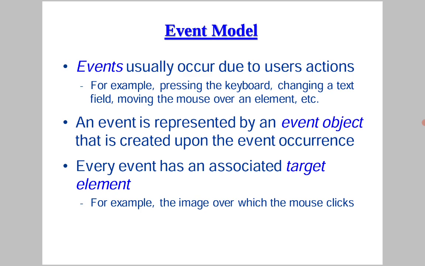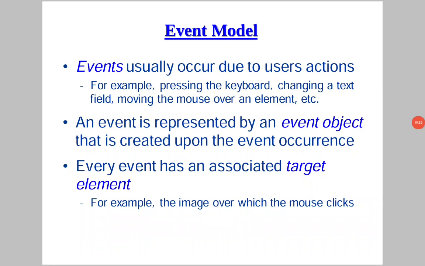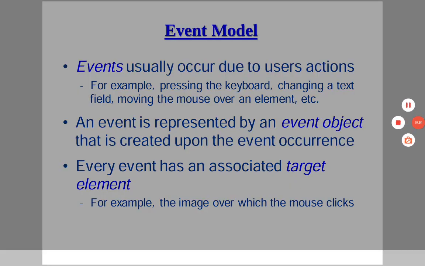For example, pressing a key on the keyboard, changing a text field, moving the mouse over an element, etc. An event is represented by an event object that is created upon the event occurrence. Every event has an associated target element, for example, the image over which the mouse clicks. So generally events work with HTML objects.